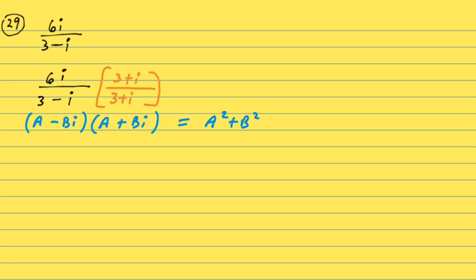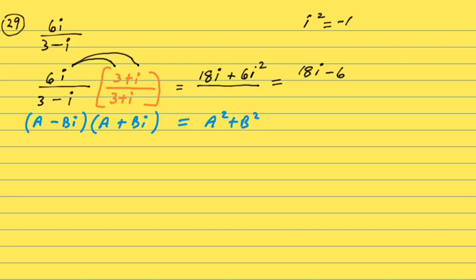3 plus i. On top, if you distribute, 6i times 3 is 18i. 6i times i is 6i squared. I've told you that i squared is negative 1. So could this be 18i and 6 times negative 1, or minus 6?